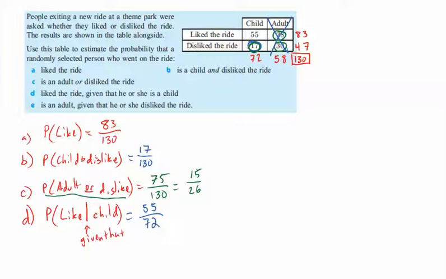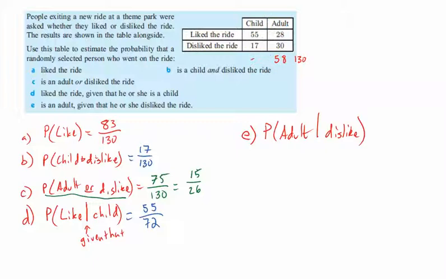All right, last one, we'll go on to letter E. Is an adult given that he or she disliked the ride. So again, probability of adult given that they disliked the ride. Okay, so this time it's given that they dislike it.